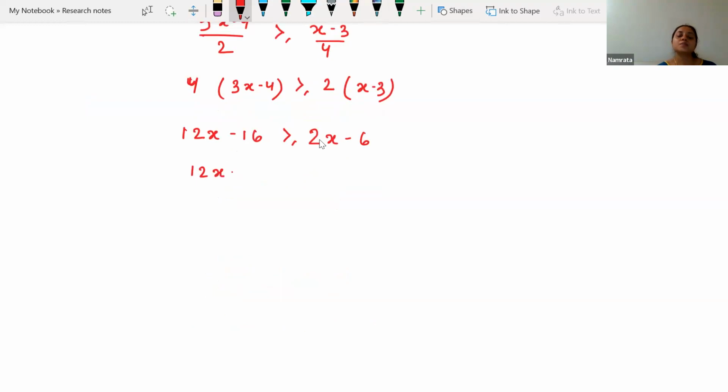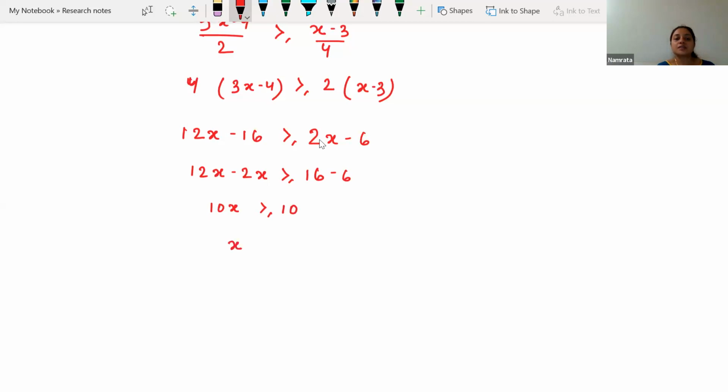So 12x minus 2x is greater or equal to, whenever you are adding, subtracting, multiplying, dividing, no need to worry. Only you have to be careful when you are multiplying and dividing by a negative number. This minus 16 will go over there, it will be plus 16 and minus 6. 10x is greater or equal to 16 minus 6 is 10, right?